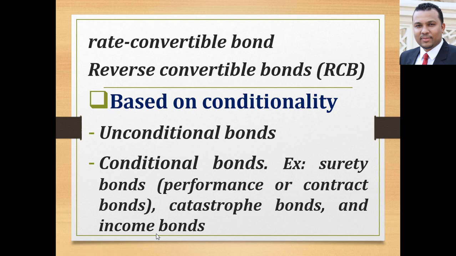We can make a summary for conditional bonds. In the case of surety bonds, this is at a specific date. When we talk about the construction industry, the insurance corporate makes the payment.